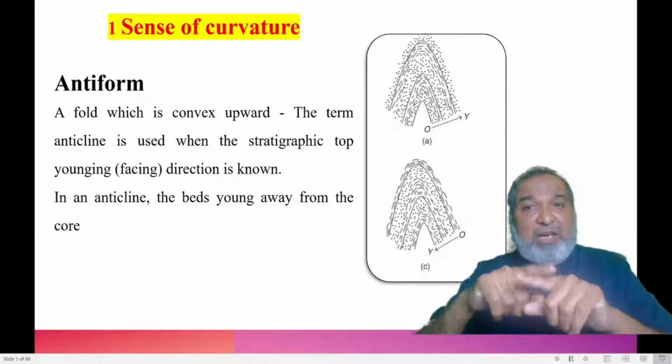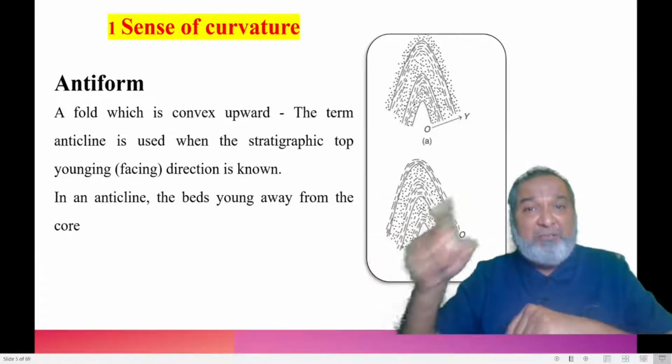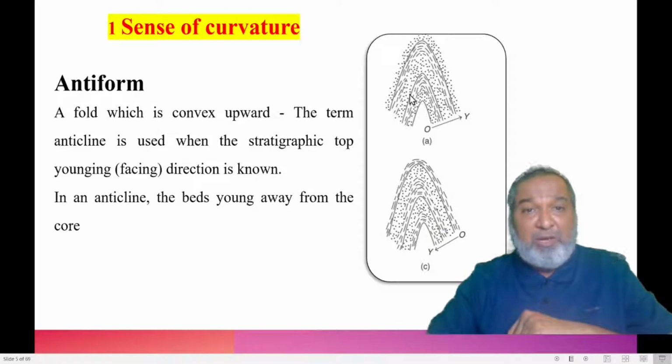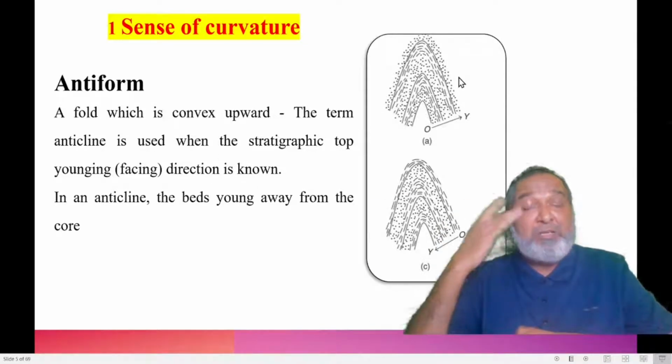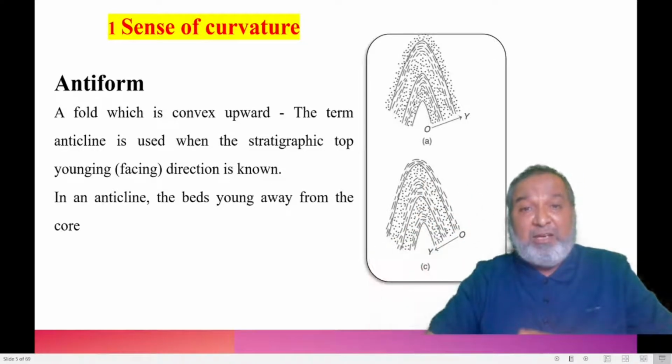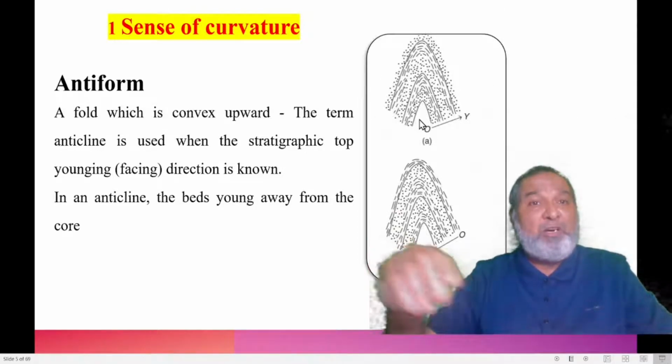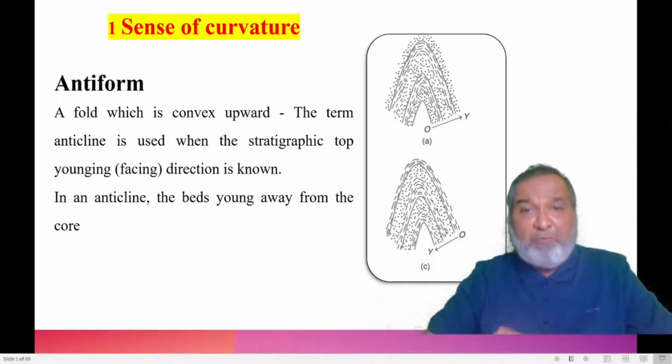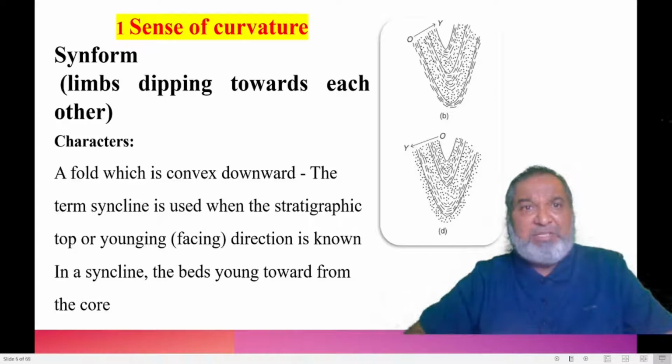The limbs are dipping in the opposite direction, and the stratigraphic top, younging facing direction is known. In the anticline, the beds young away from the core, meaning younger beds at the periphery. At the center we have the older formation, that is the antiform. So both diagrams will have the same one.